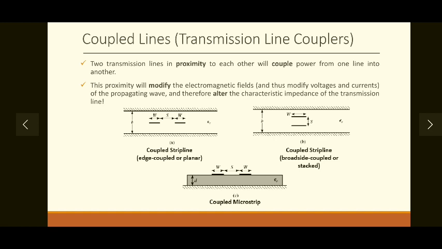So when voltage and current is changed, automatically the characteristic impedance of the strip line or microstrip line will also change, because we know impedance is a function of voltage and current.